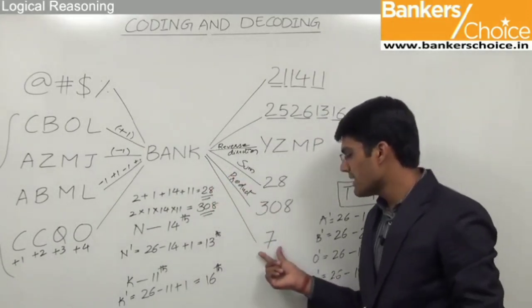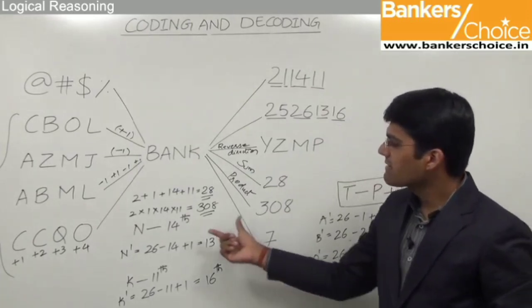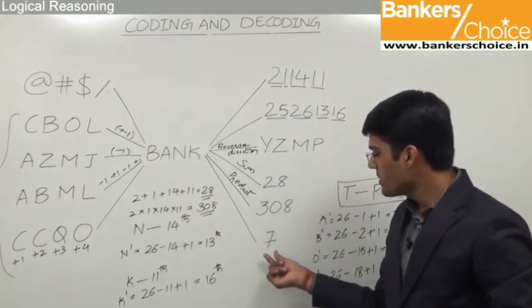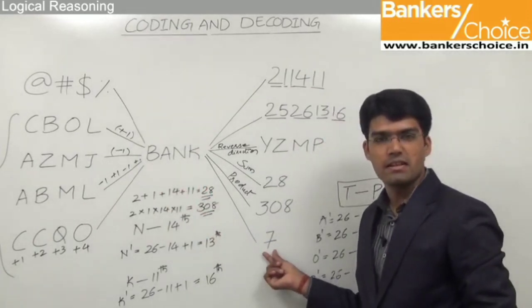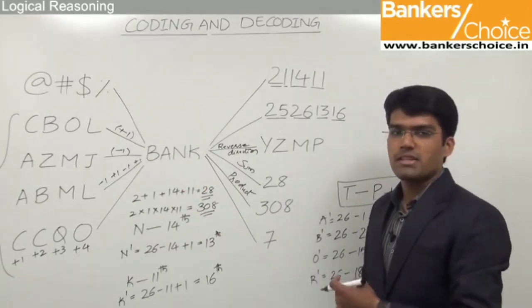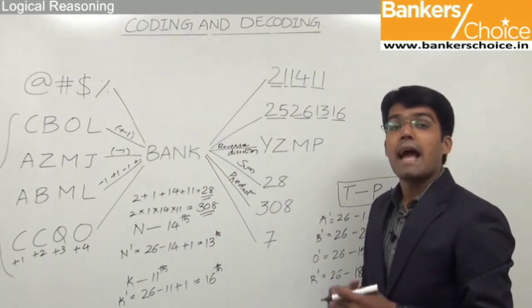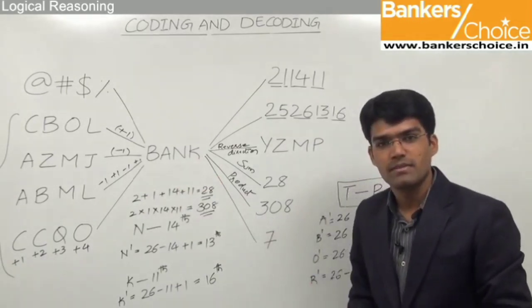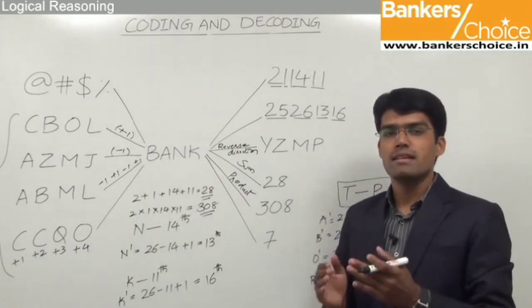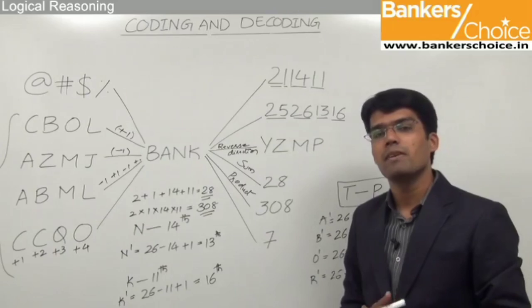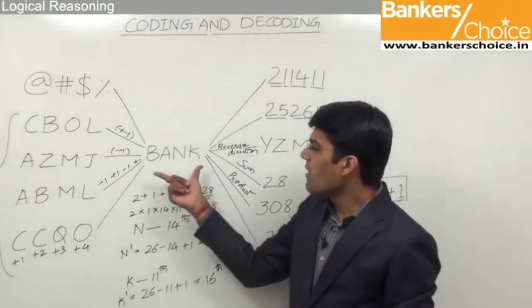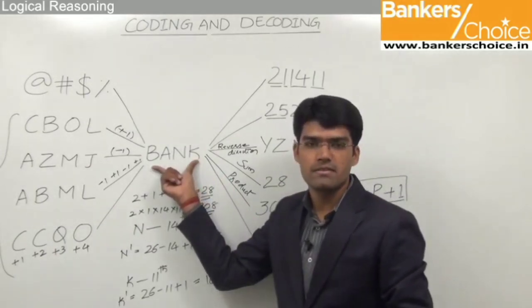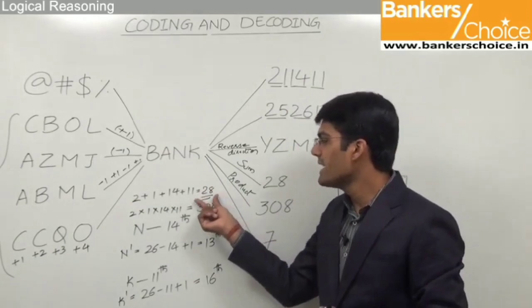And let us now look at the last case here. In this case, the word bank has been coded as a single digit number 7. The logic in this coding is the average of the positions of the letters of the word bank. We know that average is nothing but sum of all the elements by the number of elements. We have already found the sum of the positions of the letters of the word bank, that is 28.